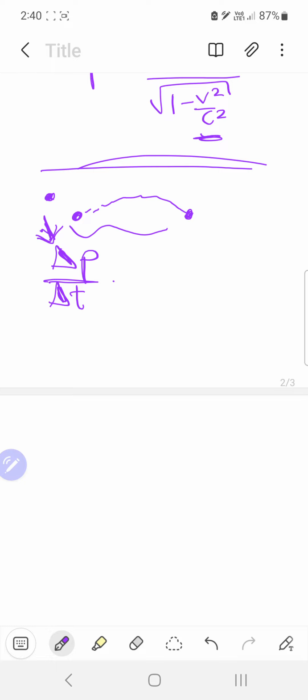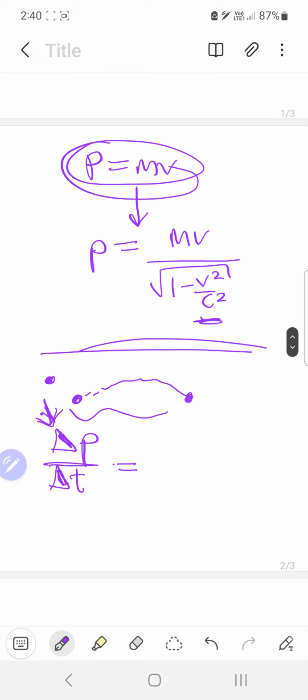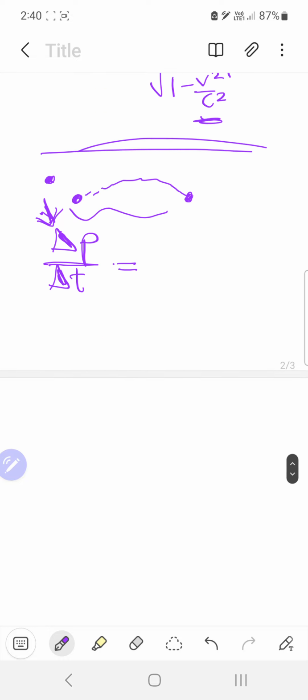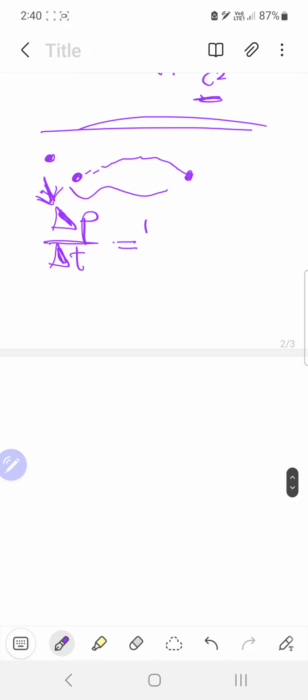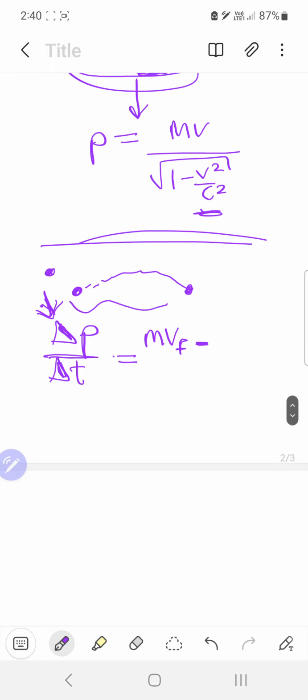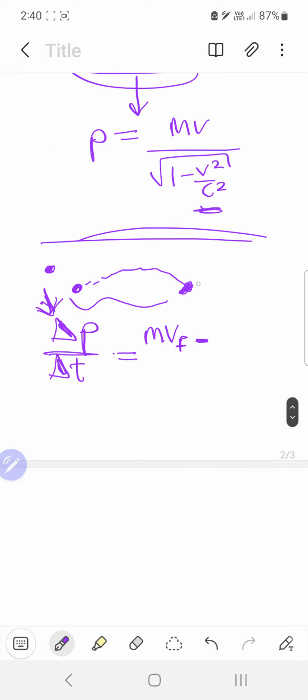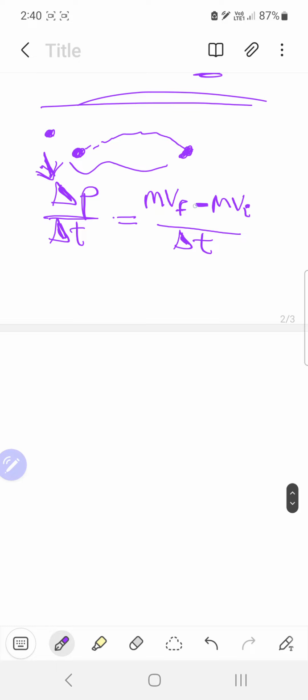And the change in momentum is simply, so back to this formula here, momentum is just mass times velocity. The change in momentum is the momentum at the final part of the ball's journey, minus the initial momentum at the beginning of the journey, divided by the change in time. So it's final minus initial, final velocity minus initial velocity.